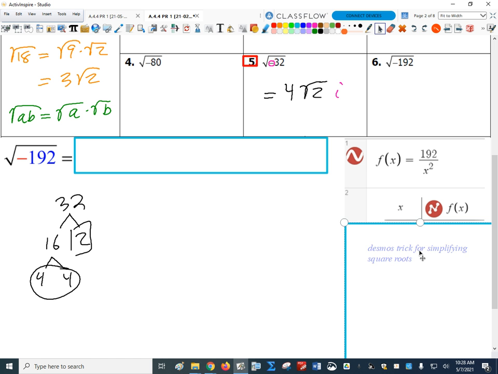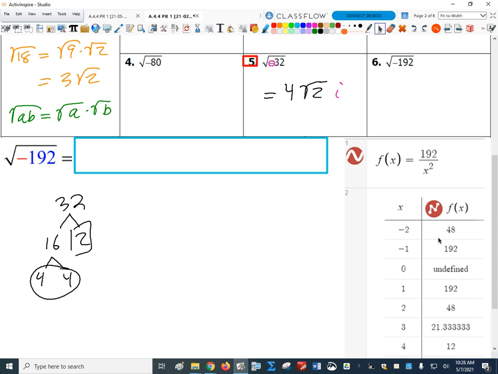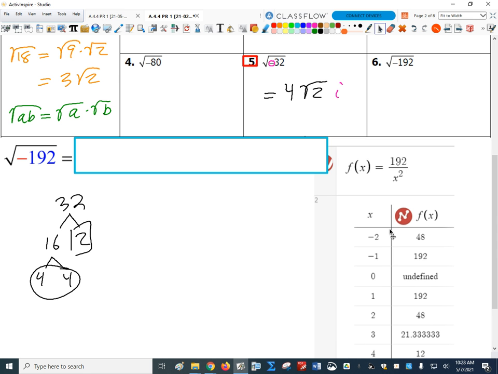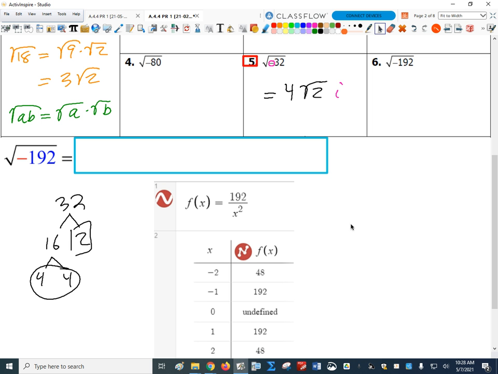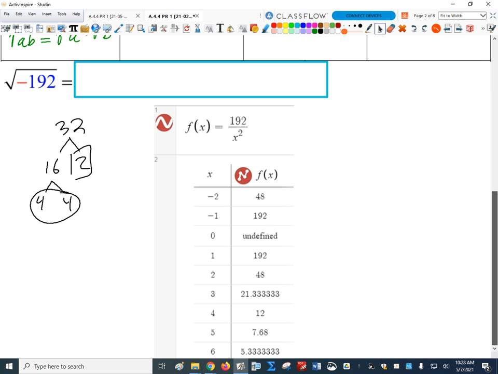Okay, so when I make this list, this is telling me that the square root of 192 is equal to, this row right here is telling me that it's equal to 1 squared. Well, the square root of 1 squared is 1 times the square root of 192. Duh, that didn't help me, right?